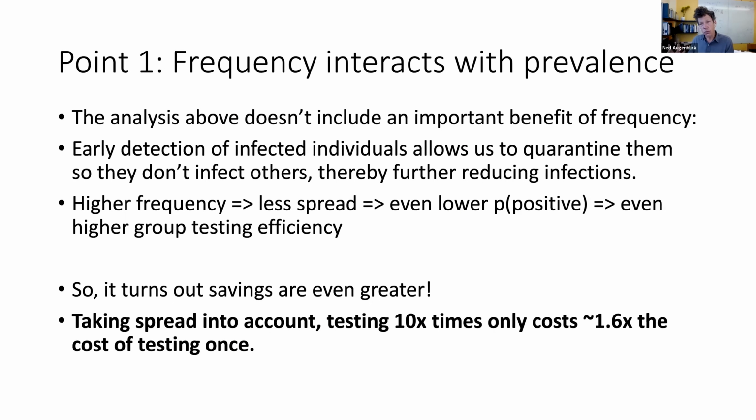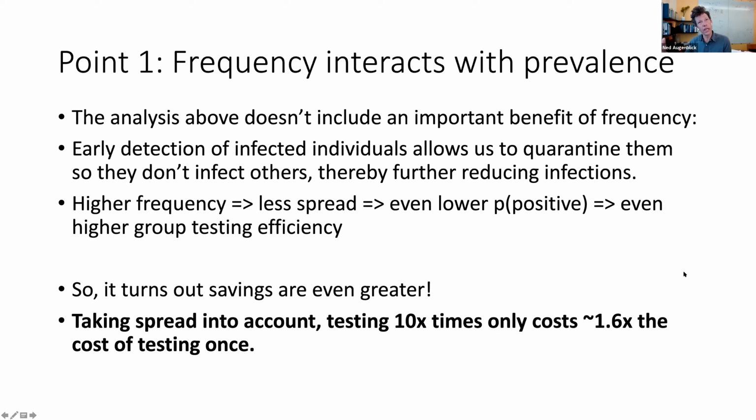Remember that the reason that we're doing this is because we're trying to get rid of infected individuals. I should say quarantine, remove them from the population in a very gentle way and allow them to return. So by testing 10 times a month, we end up being able to detect who's infected, quarantine them, and then they don't infect other people.